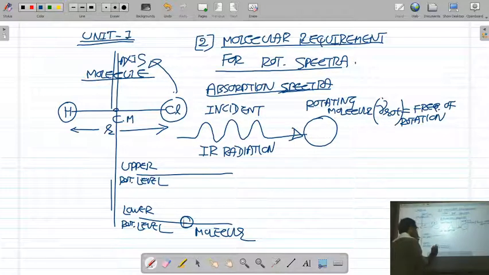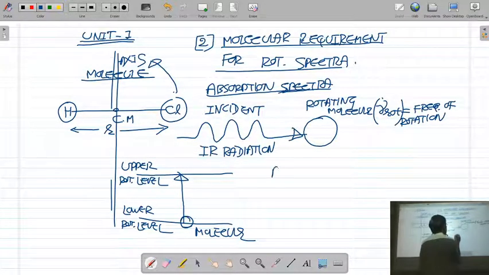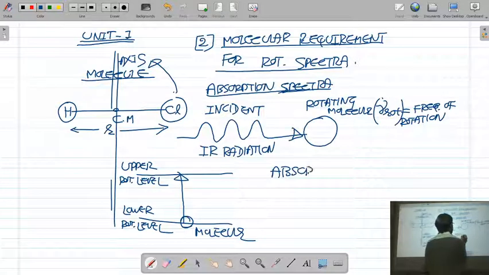As a result, the molecule will make a transition from the lower rotational level to the upper rotational level. In short, the molecule is pushed to the upper rotational energy level, and it will give the absorption rotational spectrum.